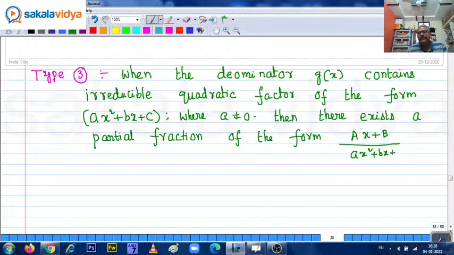That means for each irreducible quadratic factor ax square plus bx plus c, there exists a partial fraction of the form ax plus b by ax square plus bx plus c.